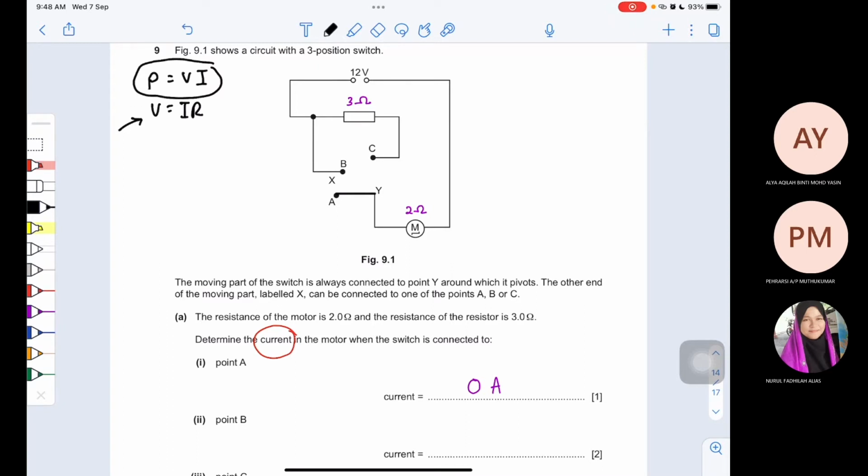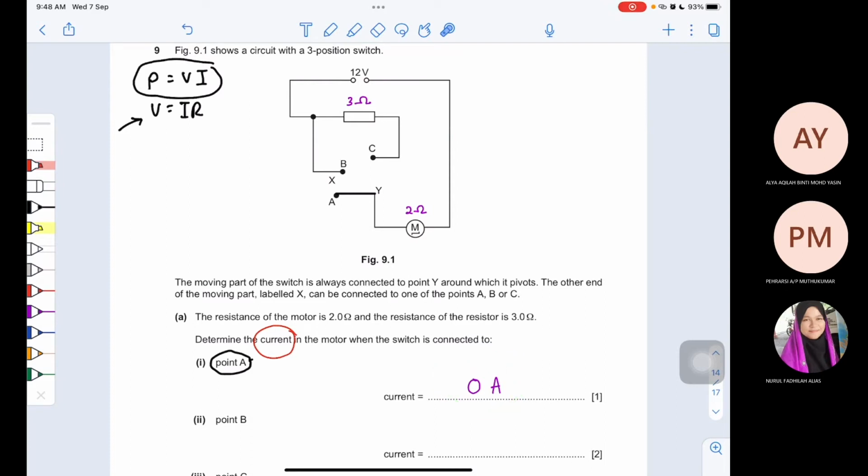Why there is no current flowing? Sebab when the switch is at point A, kita ada incomplete circuit. Ini lalu, oops, ni incomplete. Yang ni pun sama. Okay, ni incomplete circuit. So kita dapat 0 ampere.